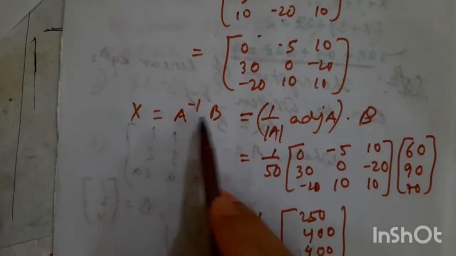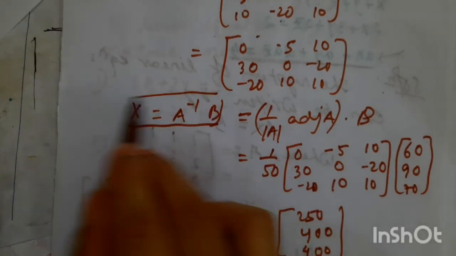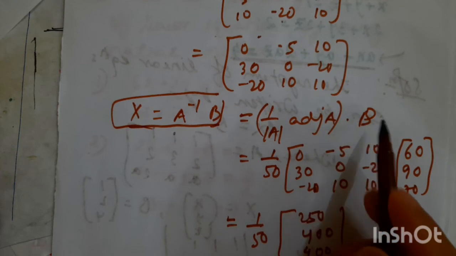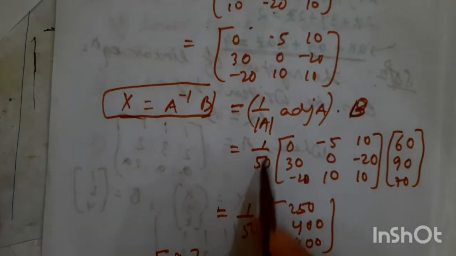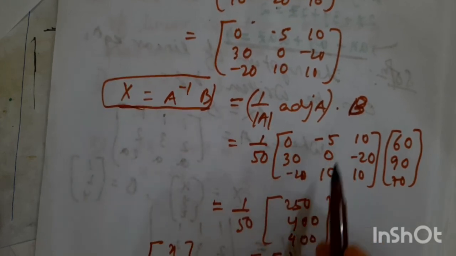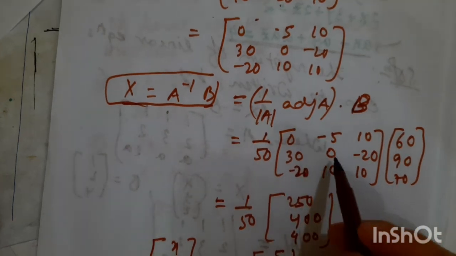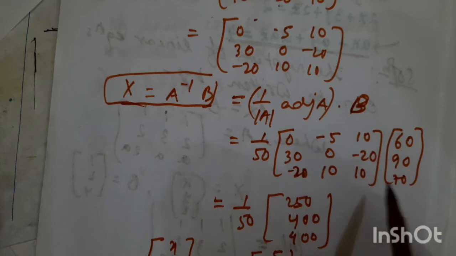Take X equal to A inverse into B. We already know this one. A inverse equals 1 by determinant of A into adjoint A, into B. So 1 by determinant A, 1 by 50, adjoint of A, 0 30 minus 10. It is not minus 10, it is minus 20, minus 5, 0, 10, 10 minus 20 and 10, times 60, 90, 70.